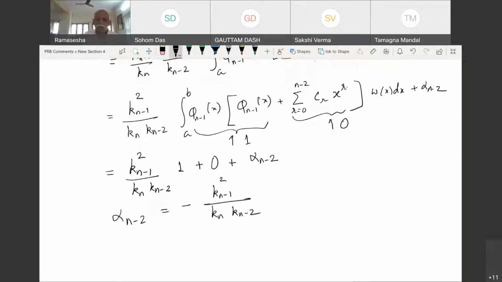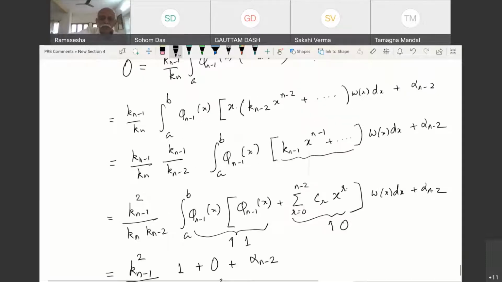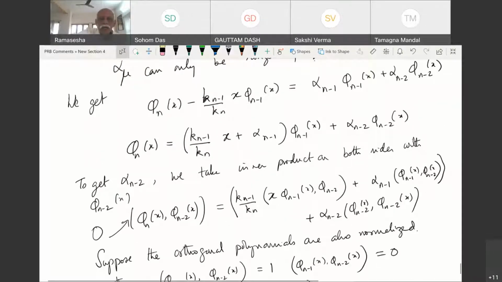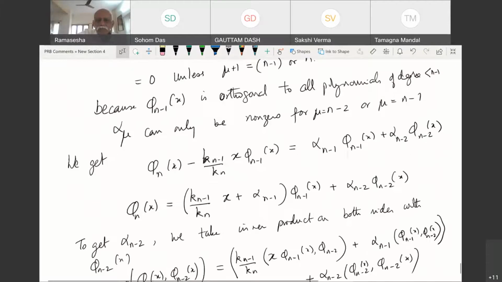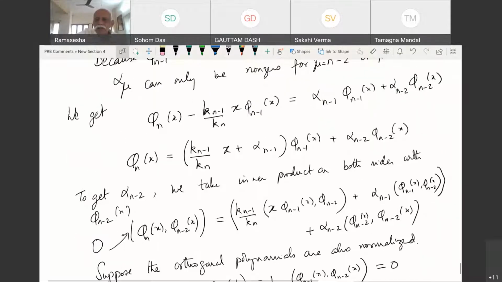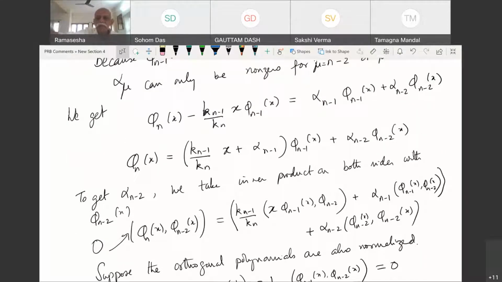Now let us go back to my old expression, which was here: alpha_{n-1} phi_{n-1}(x). I can write this one in the following form.